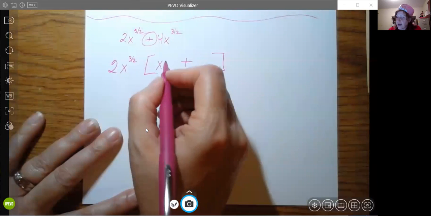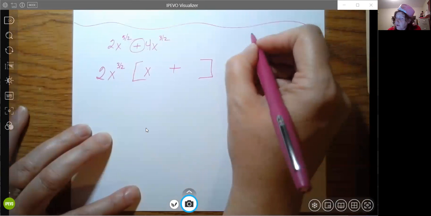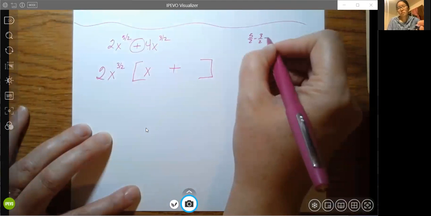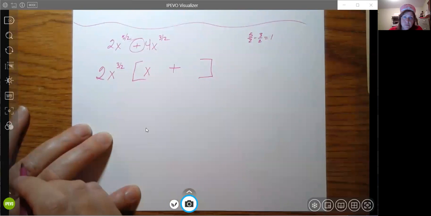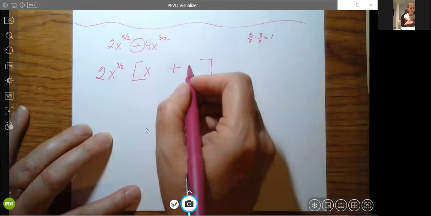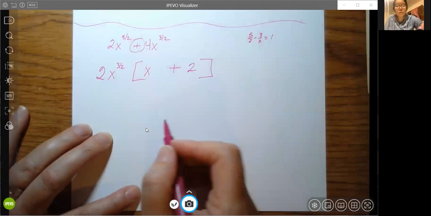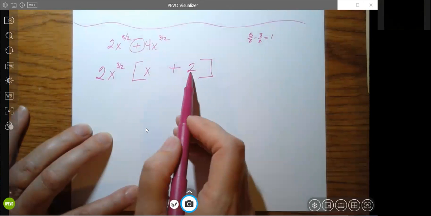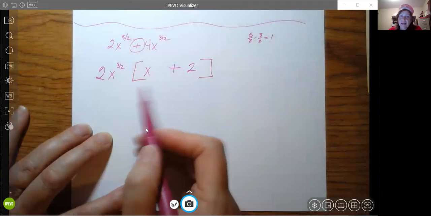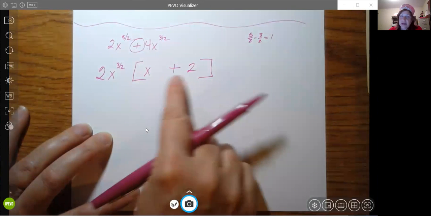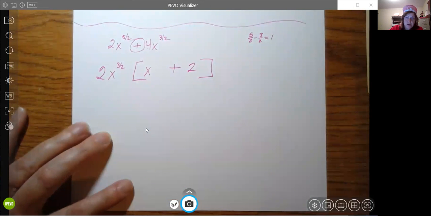So what's the new power when you do it on the side? 2 over 1. 2. Just x. And then what's here? 2. 4. 2. You factor 2. No x's left. Okay, so that would be the answer for factoring that one. Nothing can combine and simplify there.